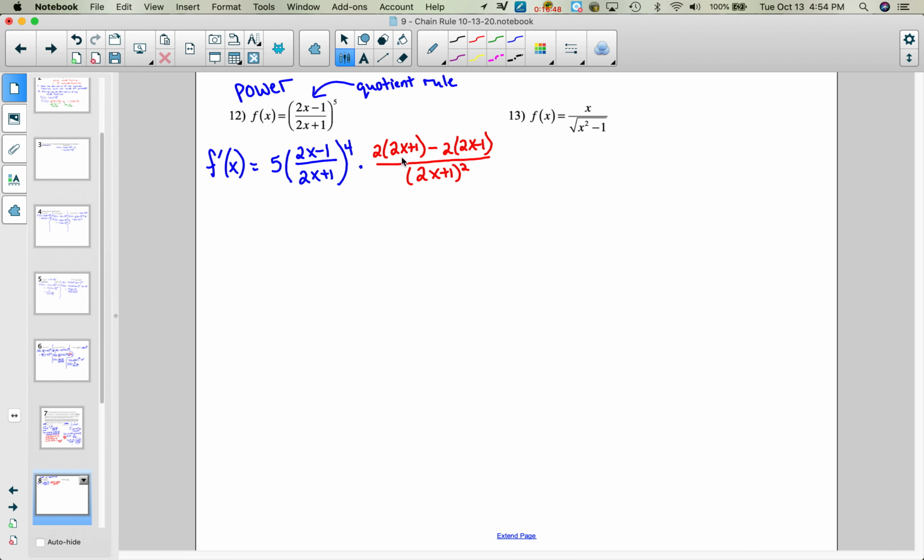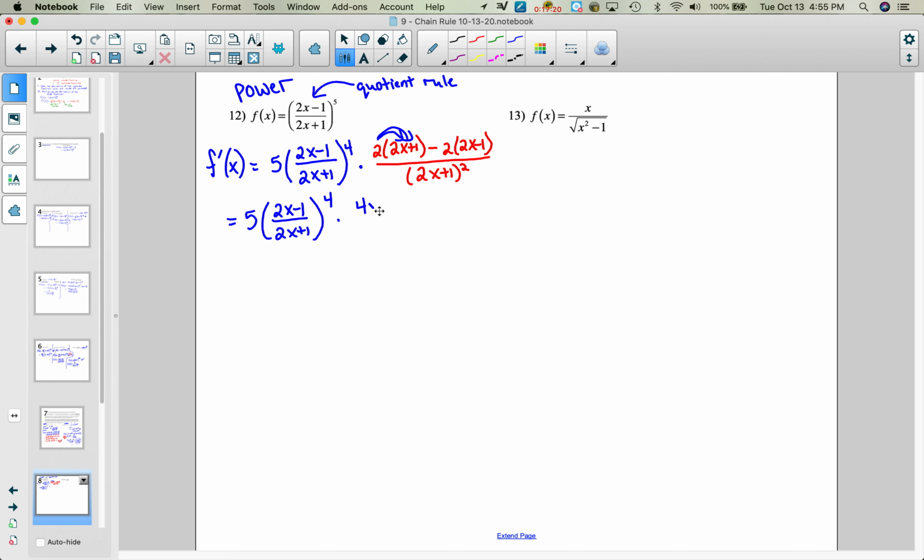All right, so what do we have? Now we want to just work on simplifying this. So I'm going to distribute here, and leave this alone, and distribute in both of those spots.